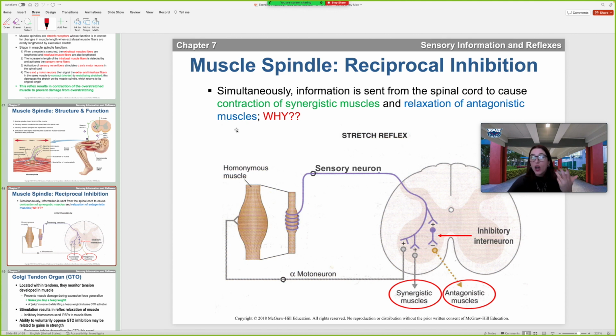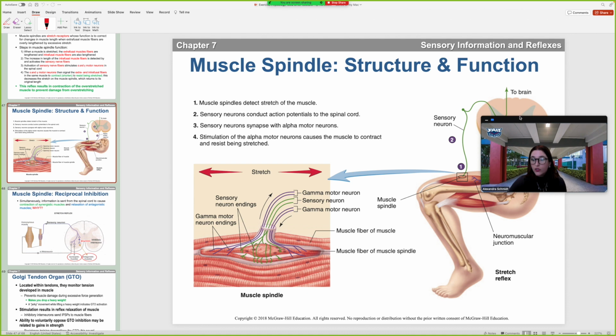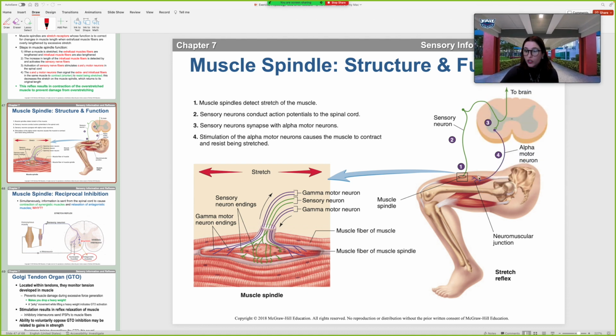Antagonistic means the opposite muscles, right? So if we're stimulating the quadriceps to contract, then we're going to inhibit the antagonistic muscles. What are the antagonistic muscles of the quadriceps? The opposite movers, the hamstrings, right?